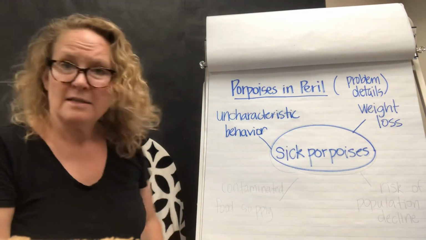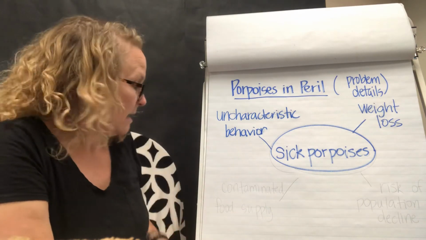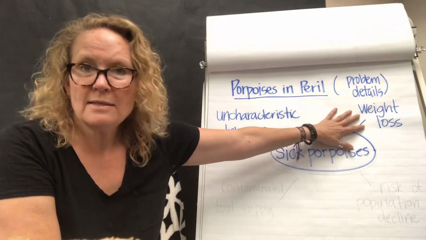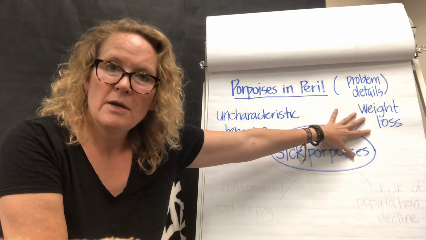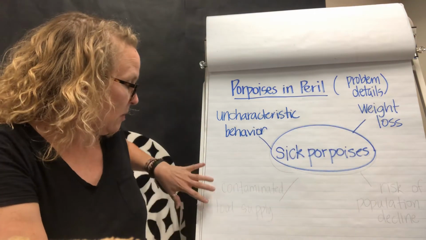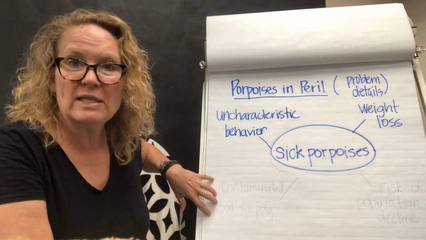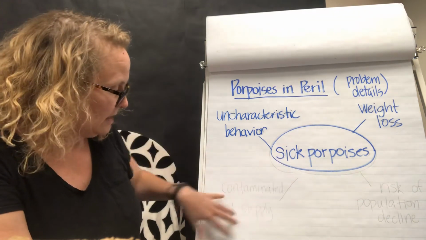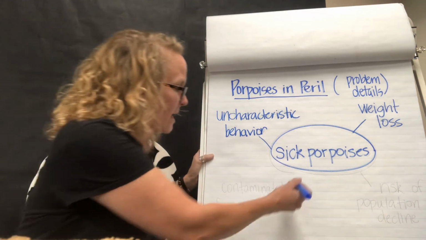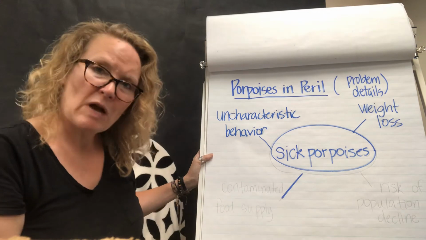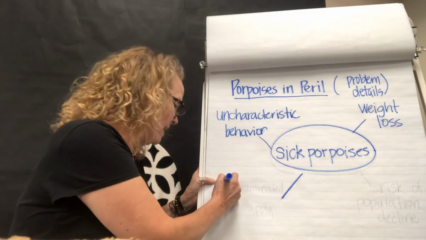There's a thought in the story that perhaps the weight loss that the porpoises are experiencing is somehow related to a contaminated food supply. So down here in this corner, write that detail down. This is another problem detail. Contaminated.